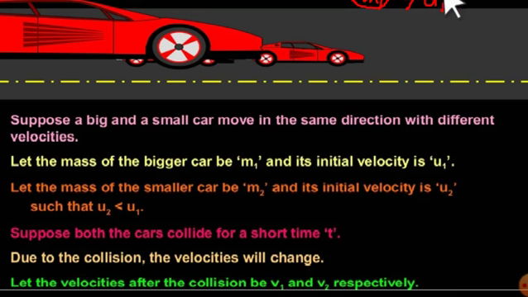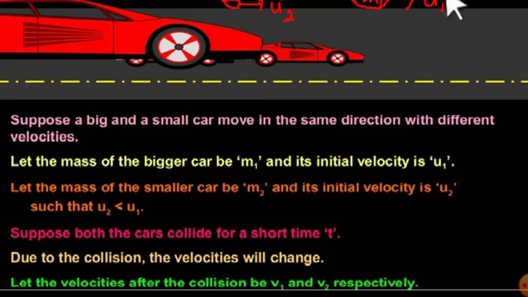And the smaller car is also moving somewhere here with a velocity u2 in this direction. Got it?